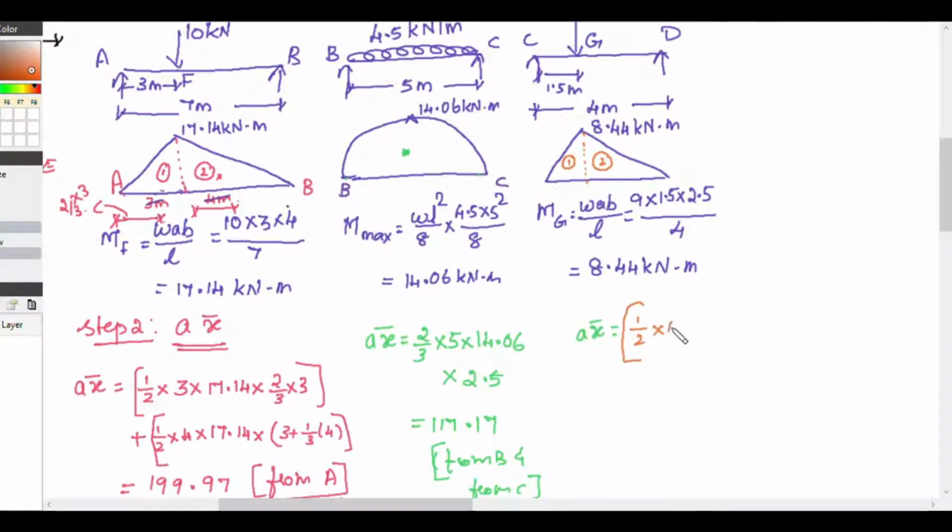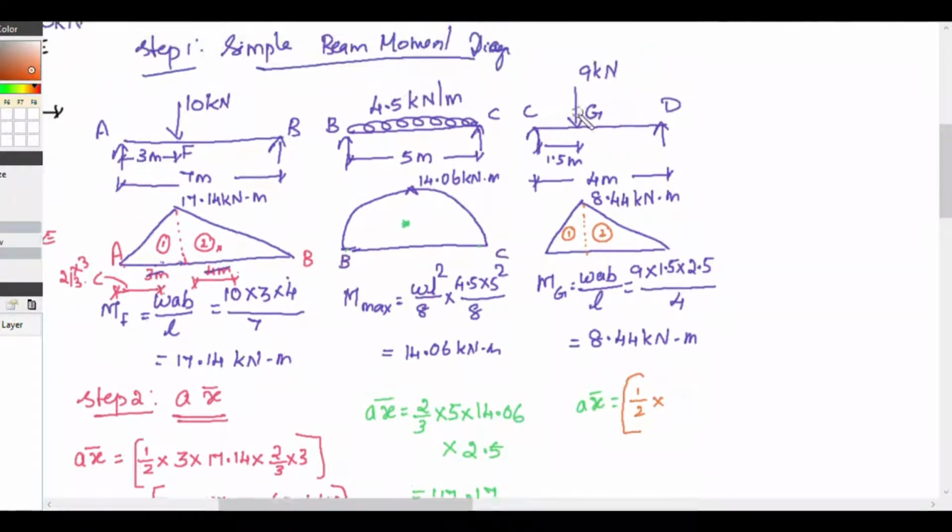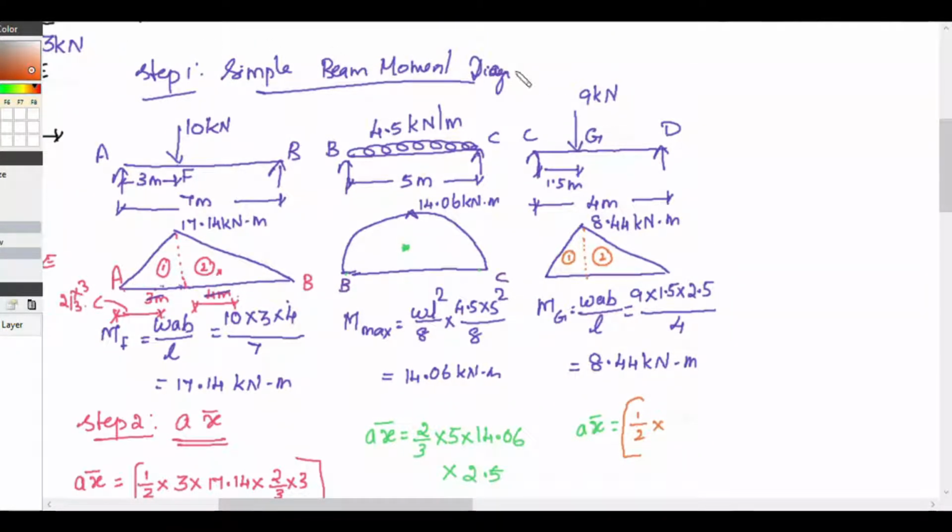Here the base is 1.5. Half into base into, here we will calculate from D. The reason is, while we are considering the spans, our first span will be AB, since it is fixed at A, our first set of beam will be A dash A and AB.